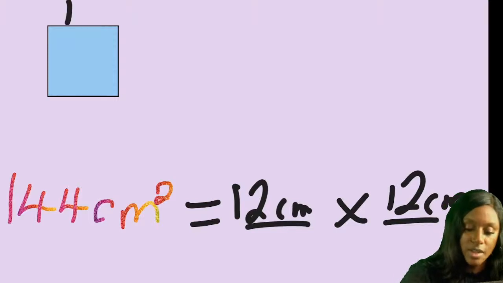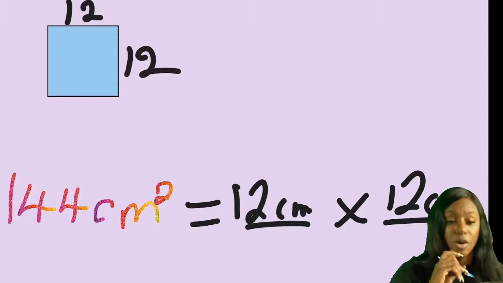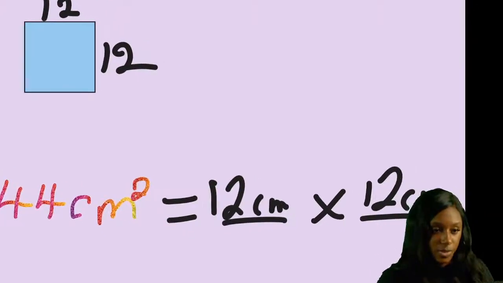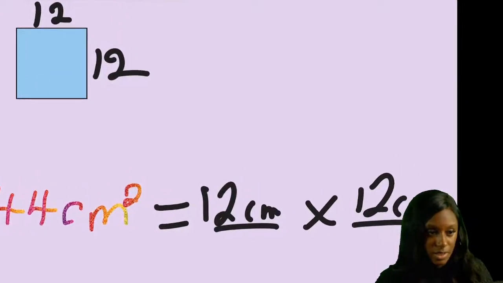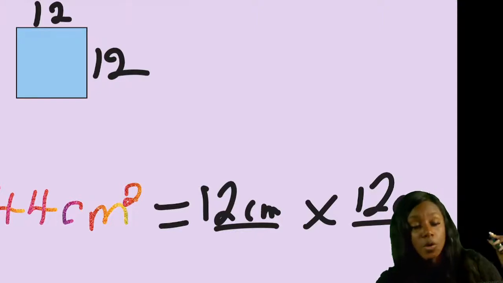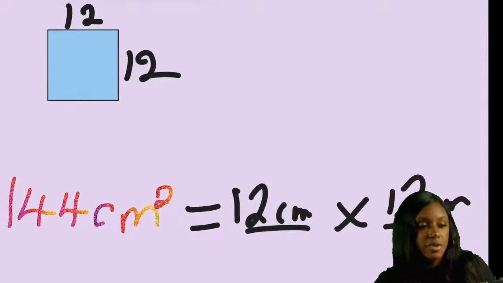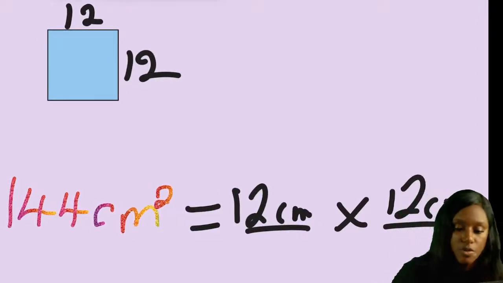But the question did not ask us for the length of one side. This is why it's important that you check what it is that you're answering. The question said, find the perimeter. Perimeter is the distance all around the shape.